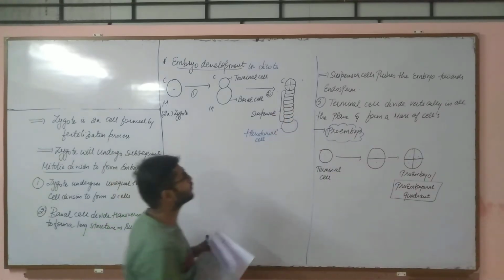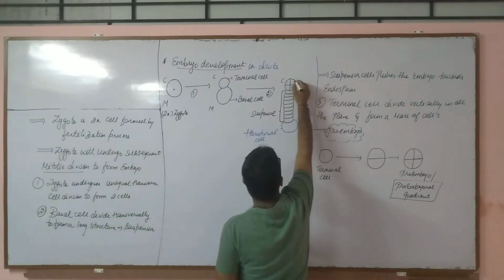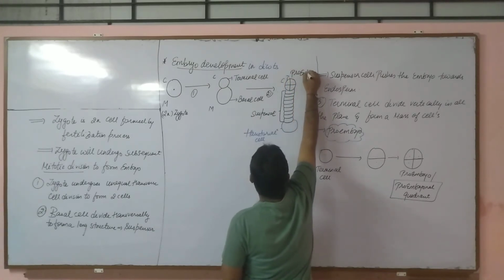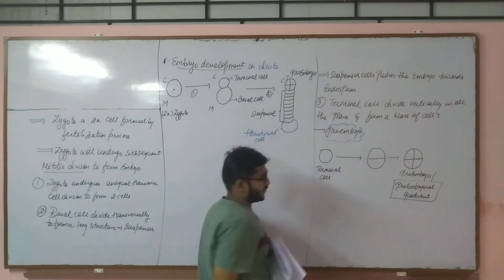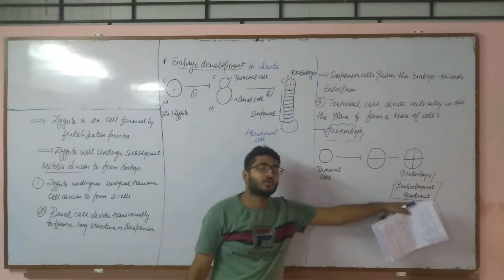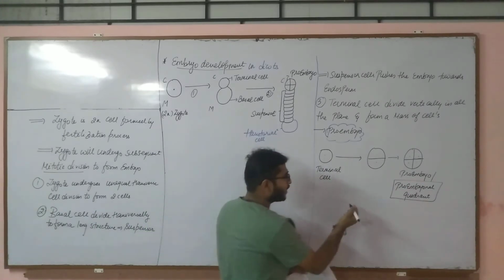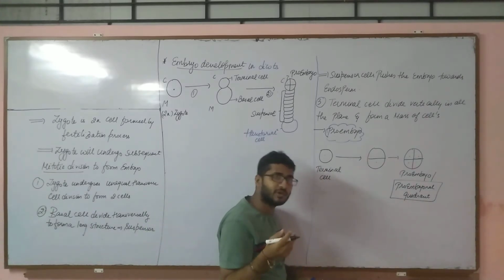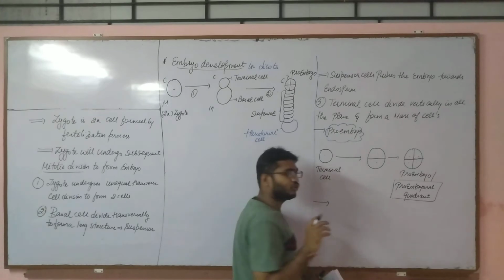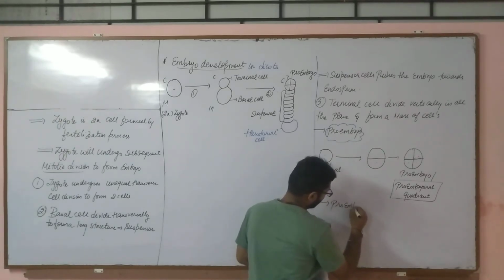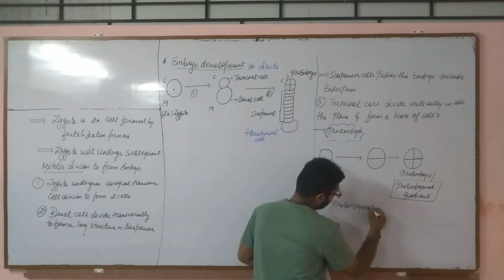So let us label the pro-embryo. This is called the pro-embryonal quadrant. Now the pro-embryonal quadrant will divide one more time to form a group of 8 cells, and that is called the pro-embryonal octet.